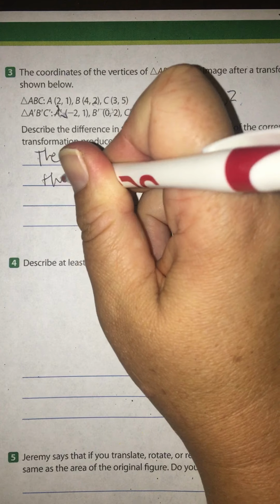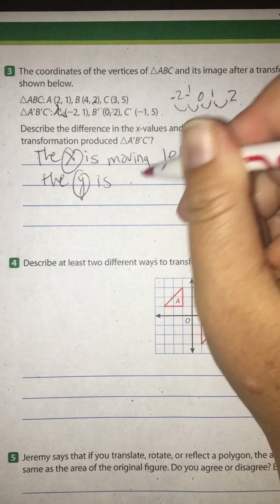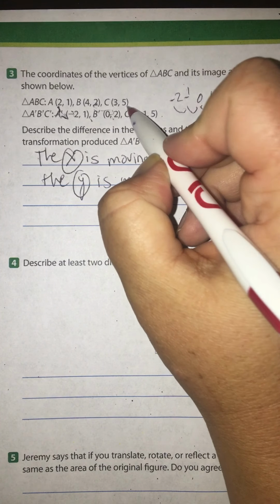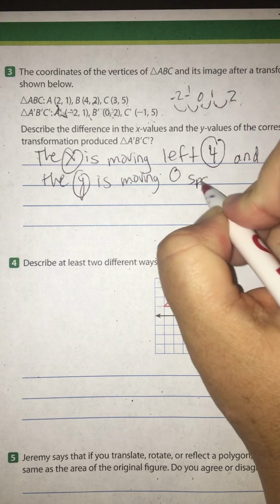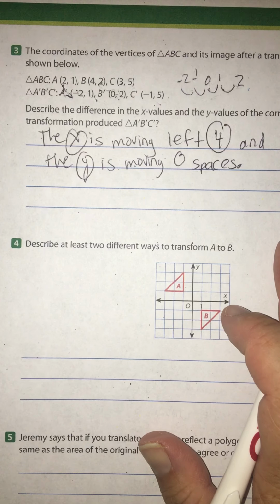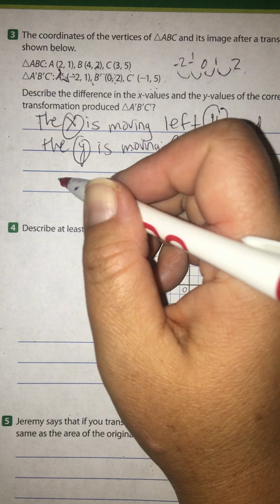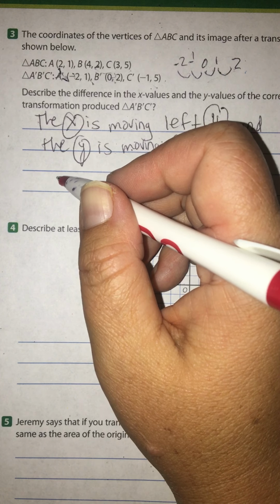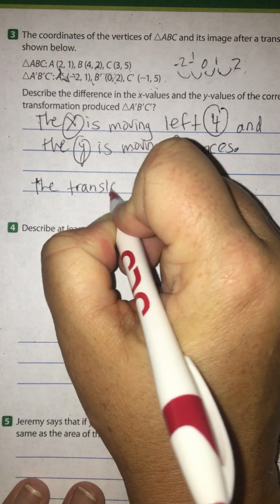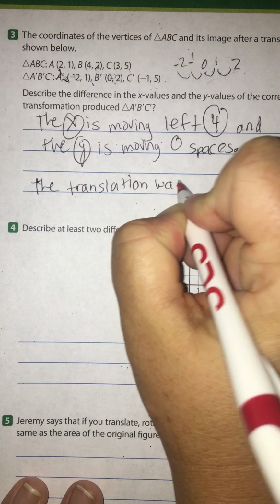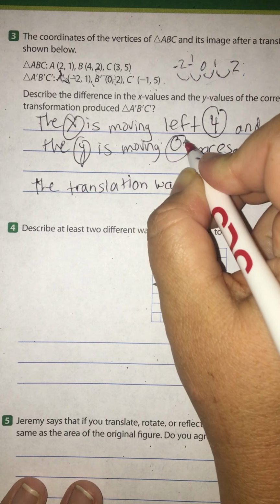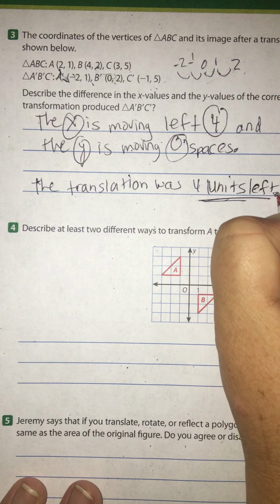And the y is moving, all right, the y is staying at 1, staying at 2, staying at 5. Moving 0 spaces. What transformation produced it? So if this is exactly the movement that it made, it basically means the translation was 4 units left, right? Because there's 0 spaces going up or down. So just 4 units left would be perfect.